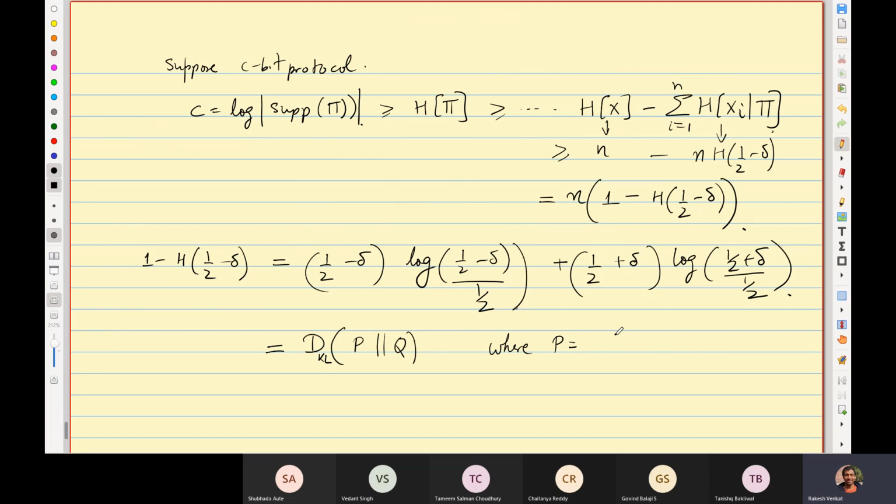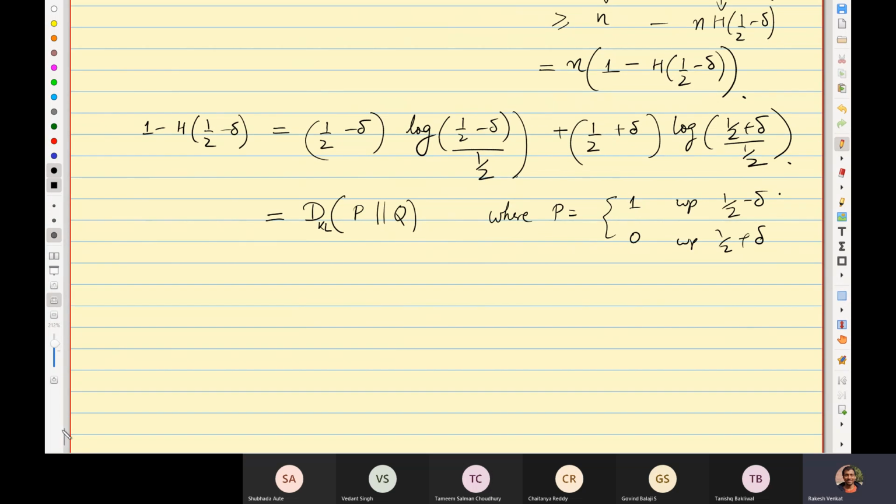P is a distribution on 0, 1, which is 1 with probability, it doesn't really matter, half plus, it doesn't matter whether I put 1 or 0 here. And Q is the uniform distribution. Oh, sorry, this is 1 and 0.